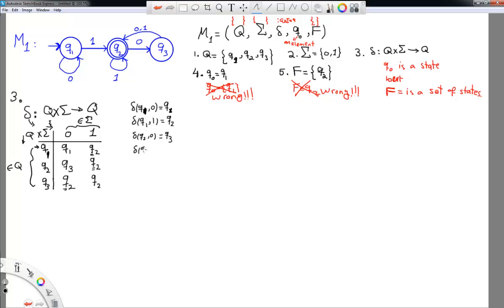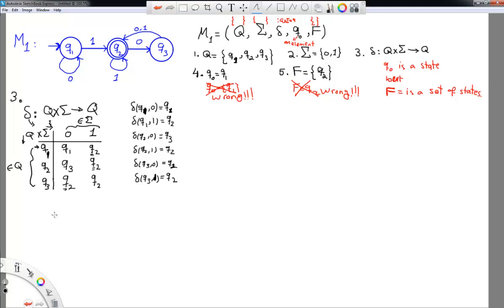Delta of Q sub 2 and 1 is Q sub 2. Delta of Q sub 3 and 0 is Q sub 2. And finally, delta of Q sub 3 and 1 is Q sub 2.